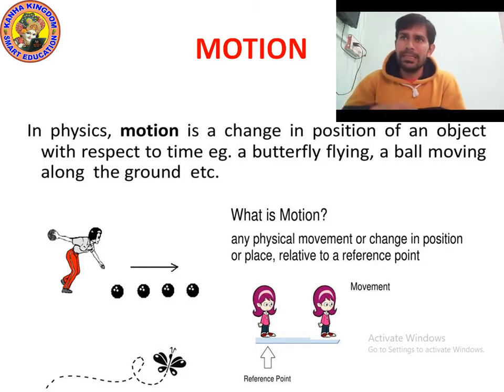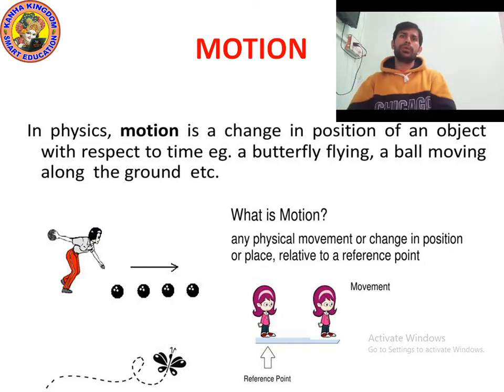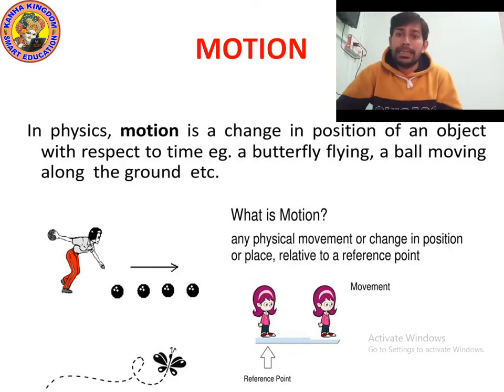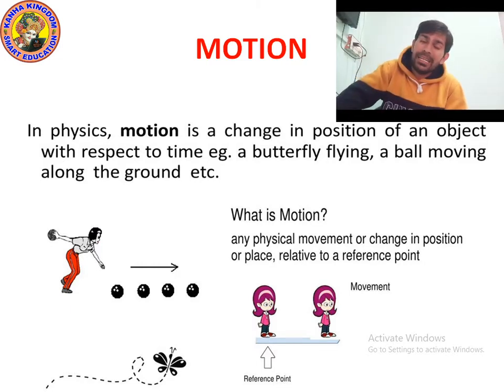As you can see in the picture, a boy is throwing a ball. The ball is in his hand, so when the ball is in his hand, it is at rest.